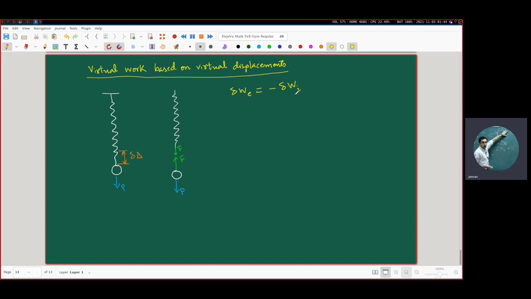On the right hand side, we have the virtual work associated with the internal forces. What is this internal force? This internal force is this F. What is this external force associated with WE? This is this P. So can we not perhaps write that this delta WE is nothing but P times this delta delta, or del delta?